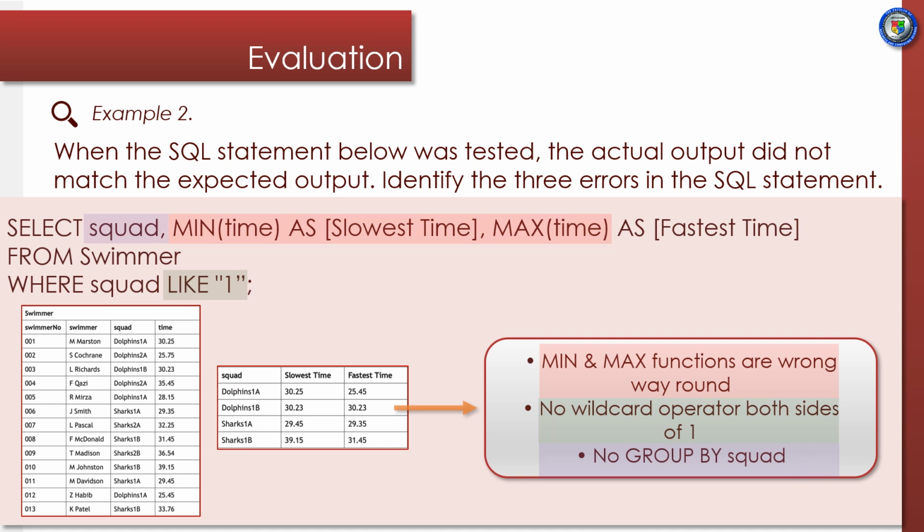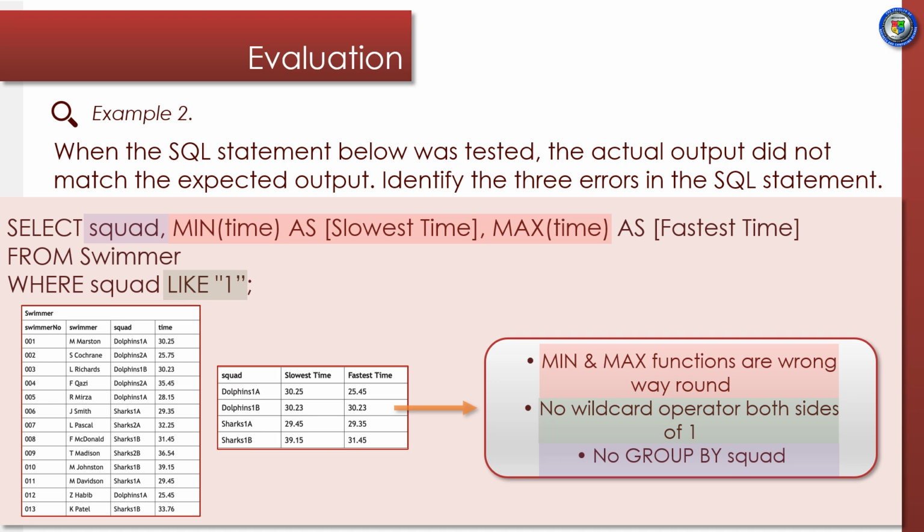The final issue is that we have not used a group by clause at all. Earlier in our lessons we spoke about non-aggregate expressions and aggregate expressions. So an aggregate expression would be our aggregate functions min and max, and in this case in our select statement we have squad there also, which is a non-aggregate expression within this SQL statement, and as such all non-aggregate expressions, when you have a mixture of these, must be included in a group by clause.